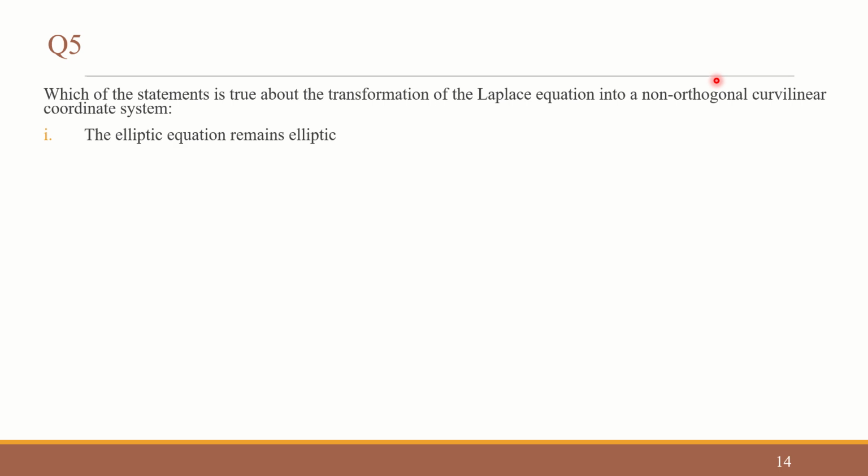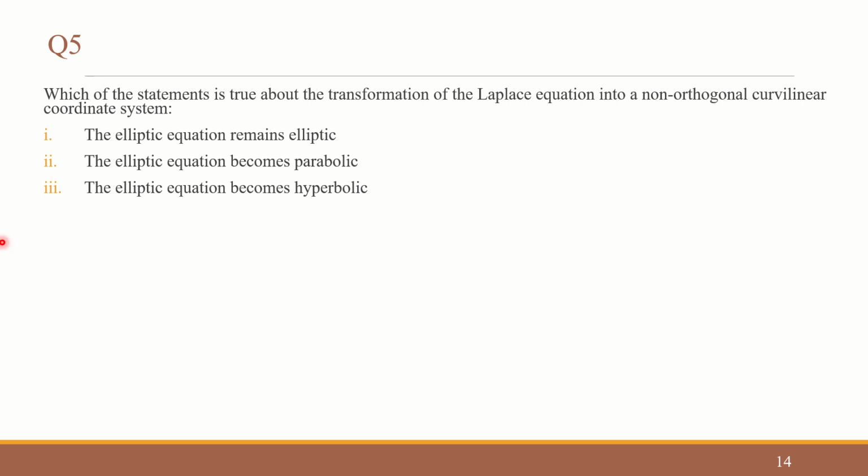First one, the elliptic equation remains elliptic. Second, the elliptic equation becomes parabolic. Third, the elliptic equation becomes hyperbolic. And last, the parabolic equation remains parabolic.